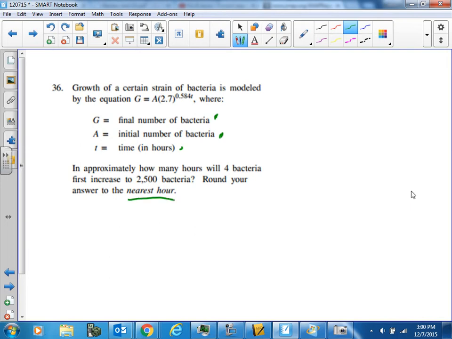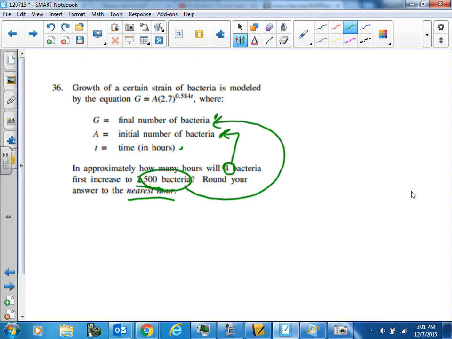So we're going to need to find T here. So let's identify what we have. It says in approximately how many hours will 4 bacteria first increase to 2,500? So hopefully as you're reading this, you know that the 4 bacteria would stand for the initial. The 2,500 is going to stand for the final.